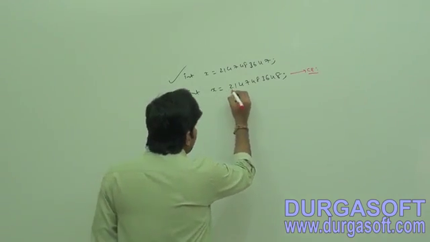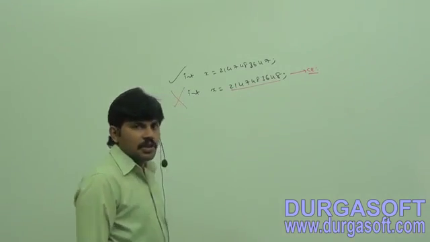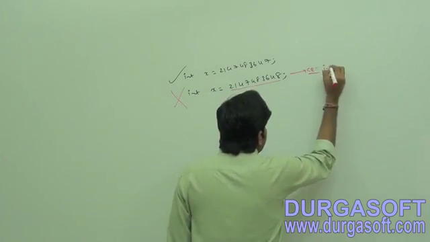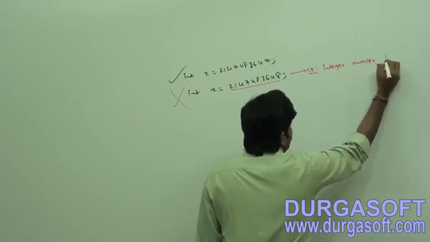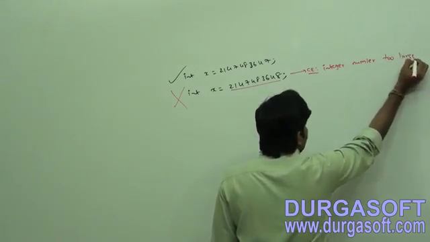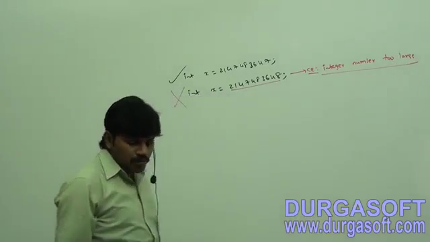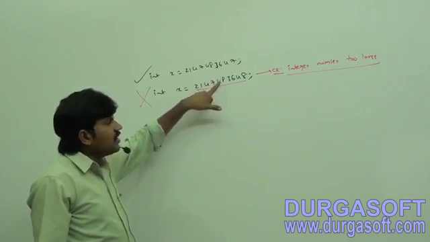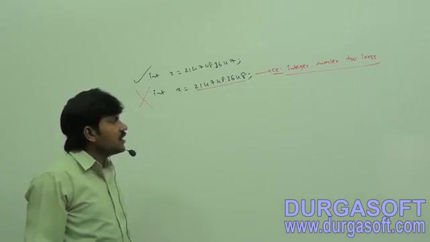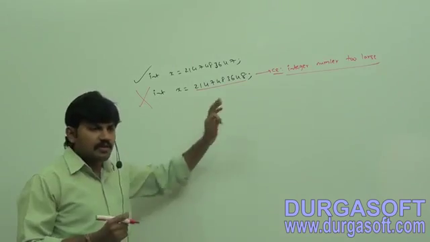If it is not in int range, immediately we will get a compile time error saying integer number too large, because it should be within the range of int, but it is not.